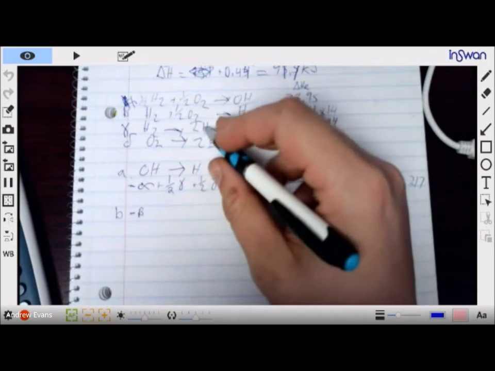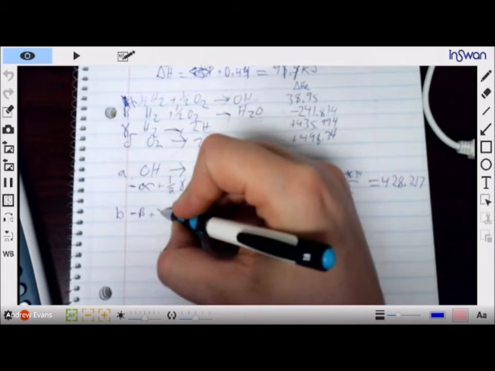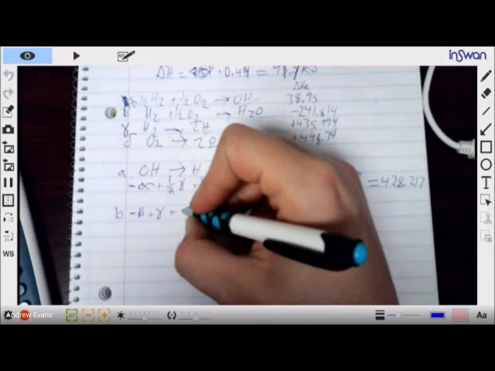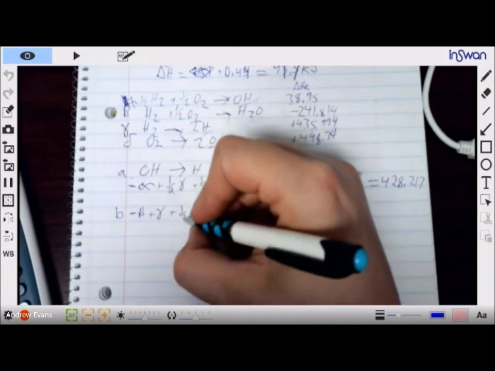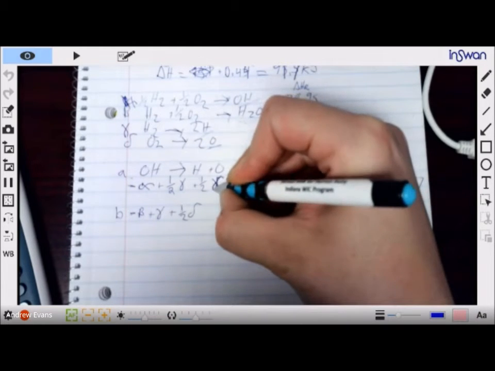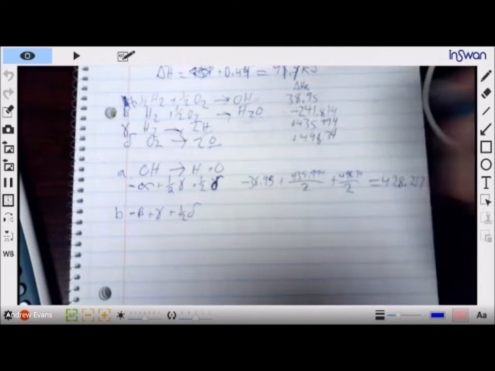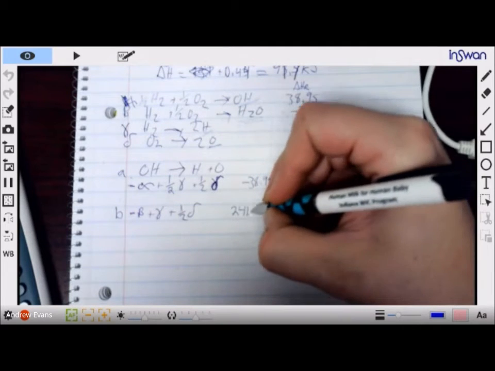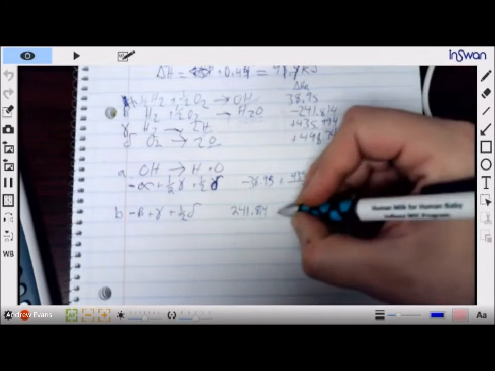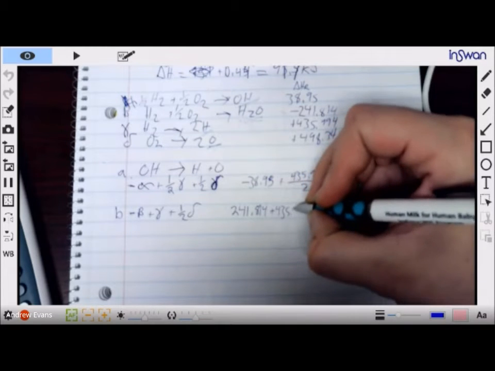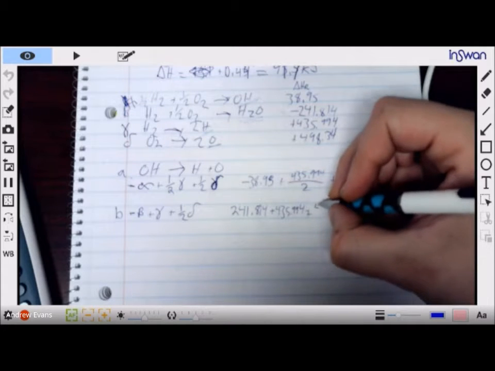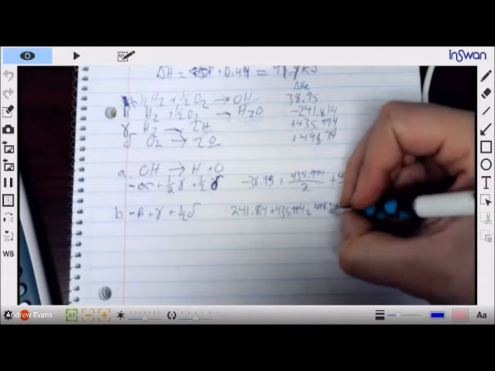We're going to have 1 full equivalent of delta, but a half equivalent of gamma, a half equivalent of delta. So I'd have positive 241.814, plus 435.994, plus 498.34 divided by 2.